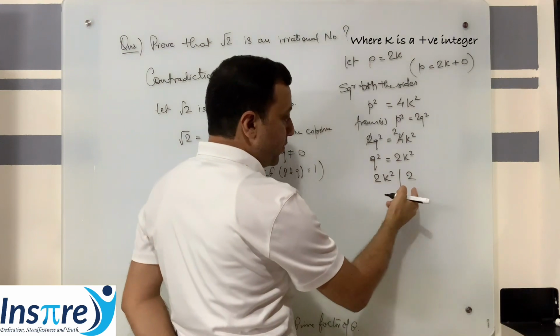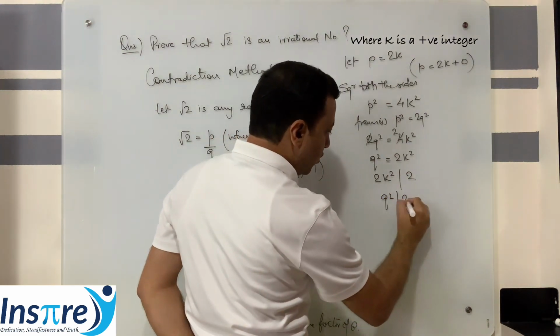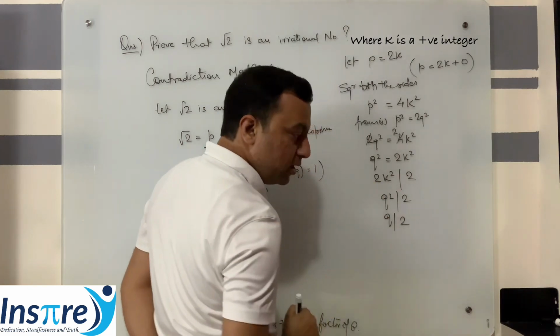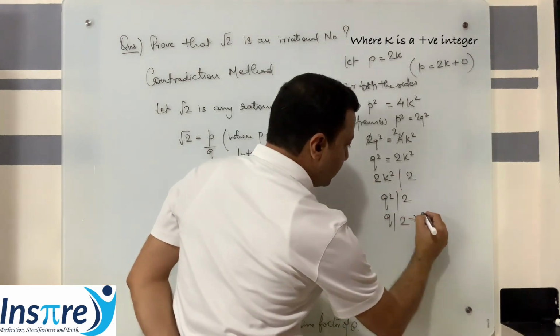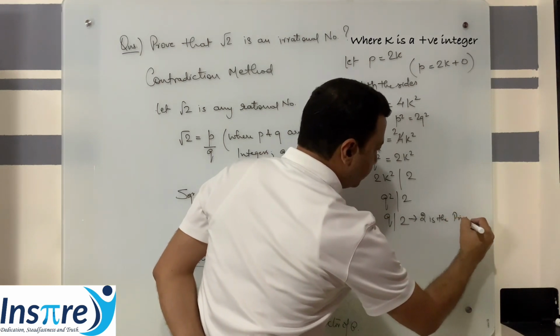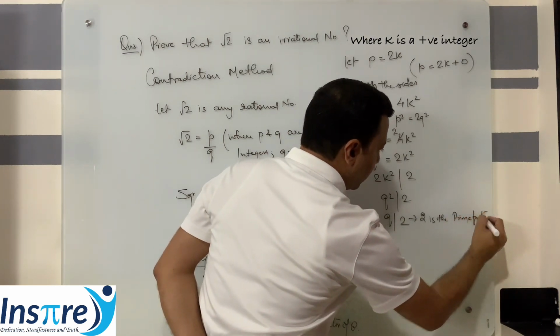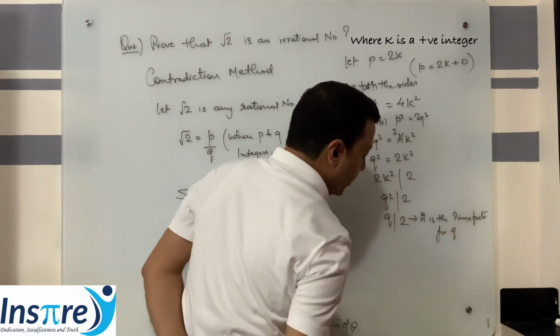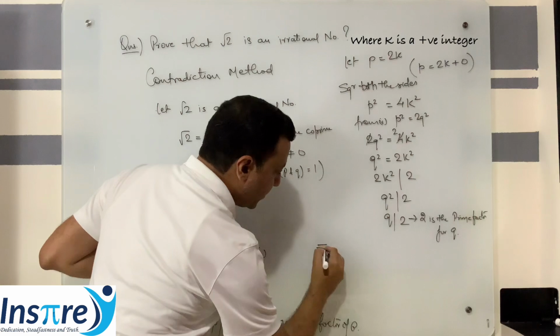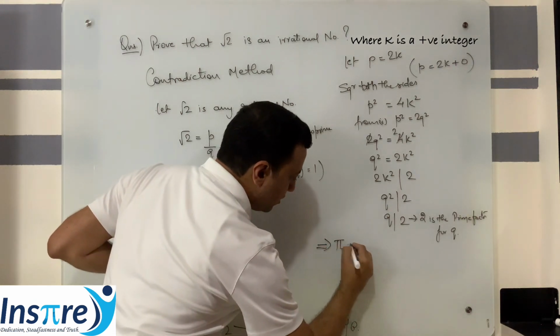If q square is divided by 2, then q is also divided by 2 as per our theorem, which implies that 2 is a prime factor of q.